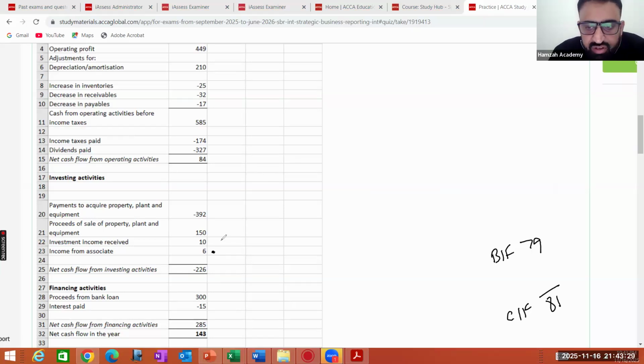This is the income from associate, share of profit 6, and this is not a cash inflow.